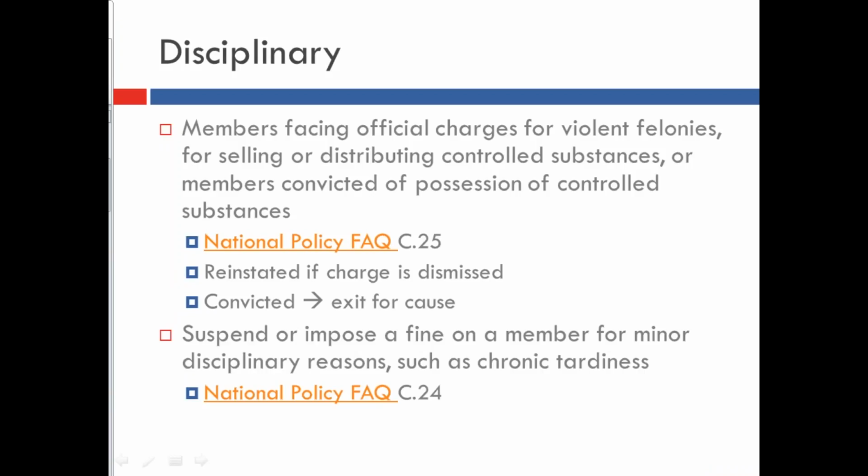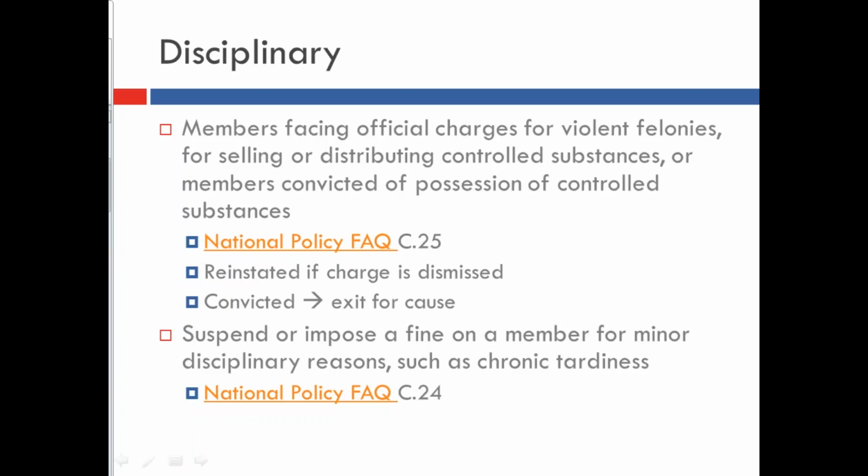So diving a little bit deeper into disciplinary reasons for suspension, as I mentioned, it's really those folks who are facing charges for those reasons mentioned in this slide here, the top point. Those are the specific causes that the National Policy FAQ mentions, which is where we post these slides, those will be clickable links.